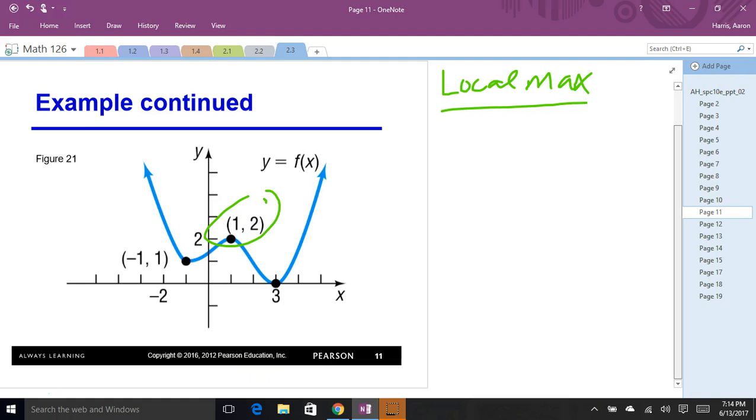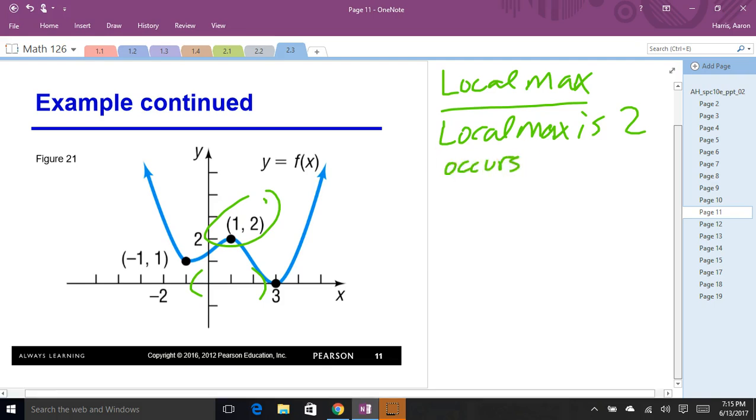In this interval, that's the highest point, that 1, 2. So the local max is 2. It's the functional value, the y value there. It occurs at an x value of 1, or you can state it as an ordered pair. It occurs at 1, 2.